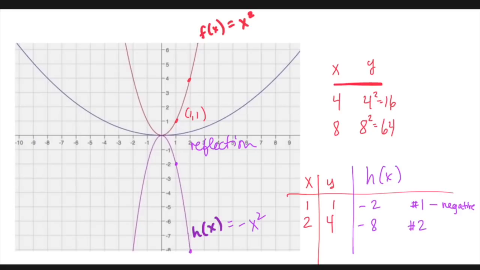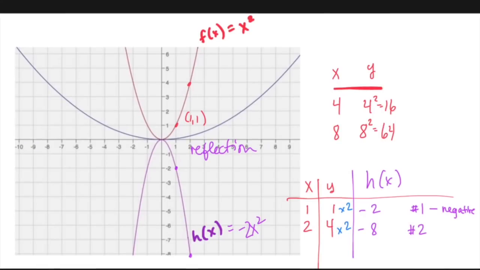And the second thing is that these numbers are larger than my original, so they're being multiplied by a scale factor that's greater than 1. So let me see. If I multiply these y values by 2, then I would get my result. 4 times 2 is 8, and 1 times 2 is 2.